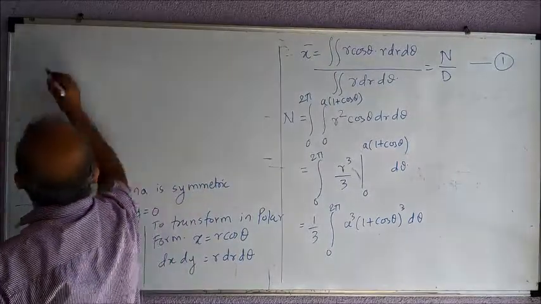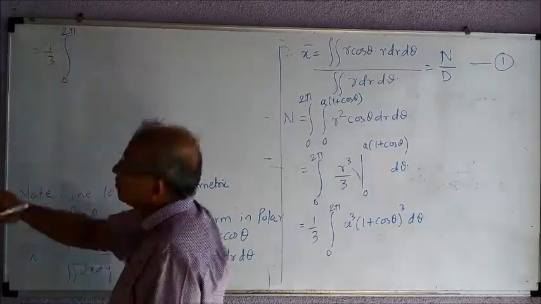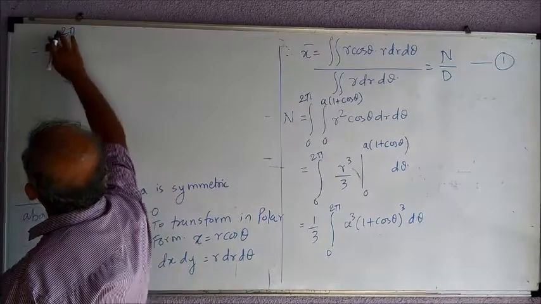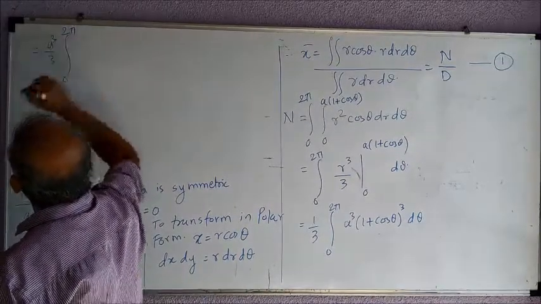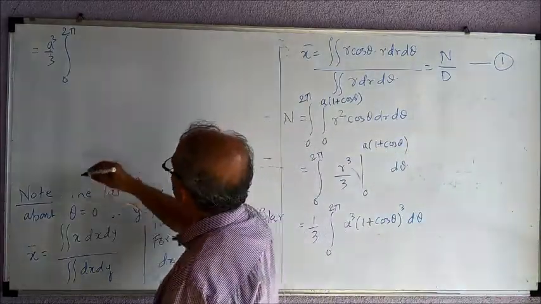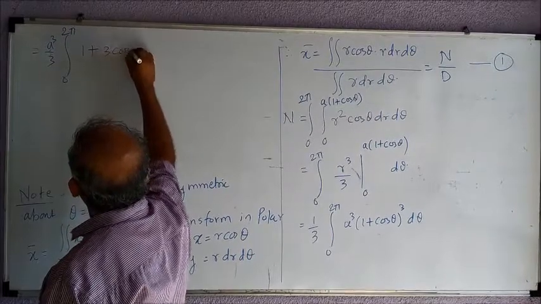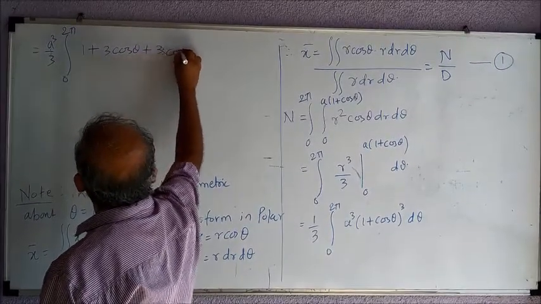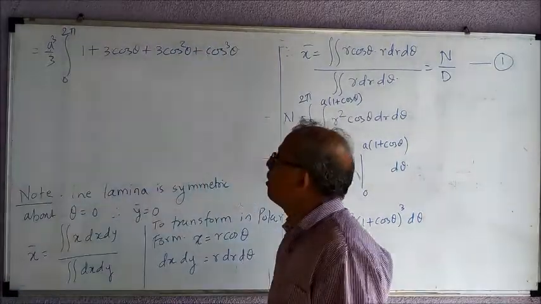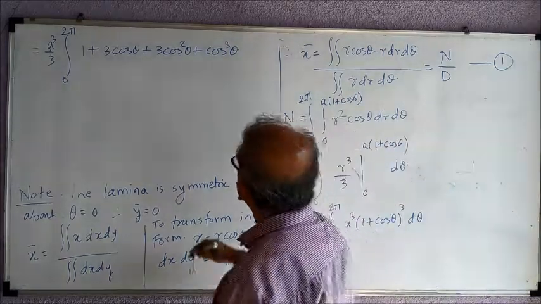So it is equal to 1 by 3 integral 0 to 2 pi, with a cube outside. 1 plus cos theta bracket cube is 1 plus 3 cos theta plus 3 cos square theta plus cos cube theta, d theta. Is that fine?